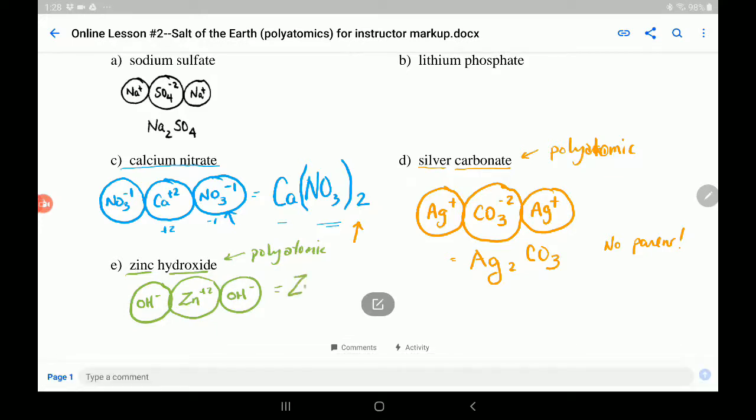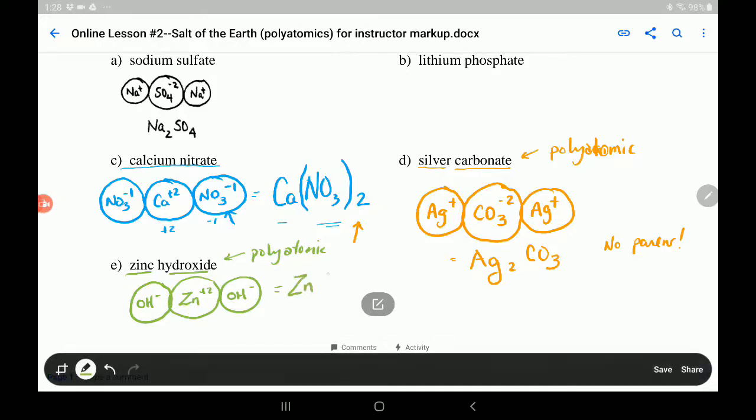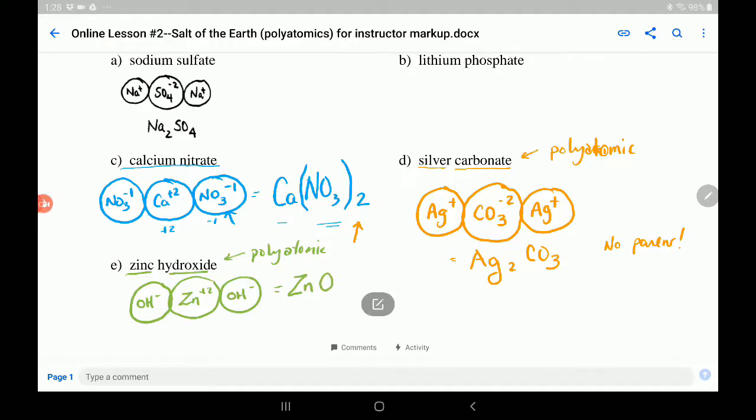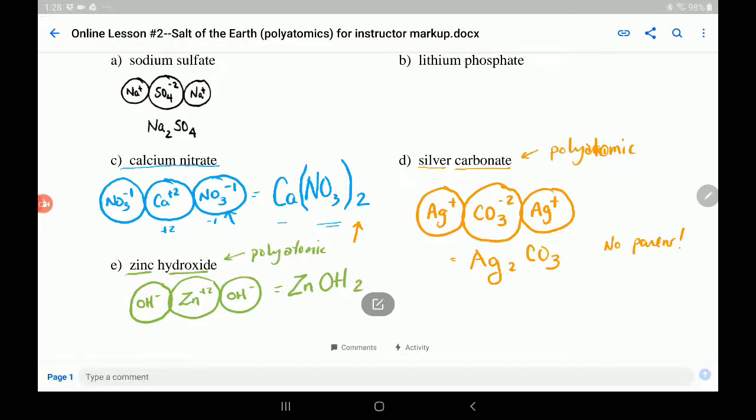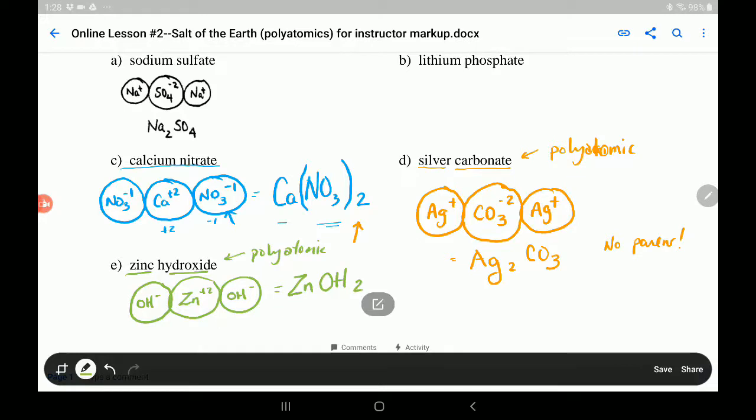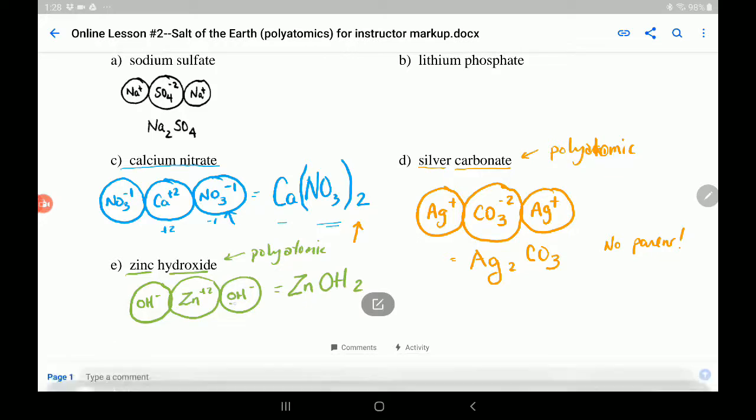Formula. It's 1 zinc and it's 2 hydroxides. So this is hydroxide, it's OH. If you put a 2 here, it only refers to the hydrogen, not the oxygen. But you should see in the picture we have 2 oxygens, 1, 2.